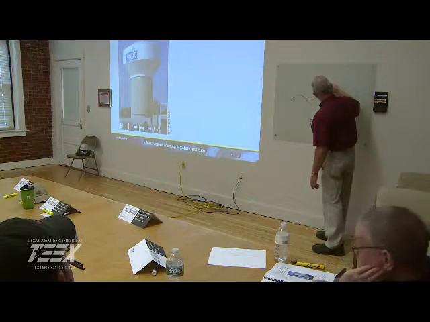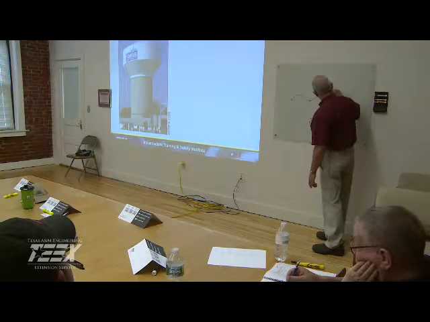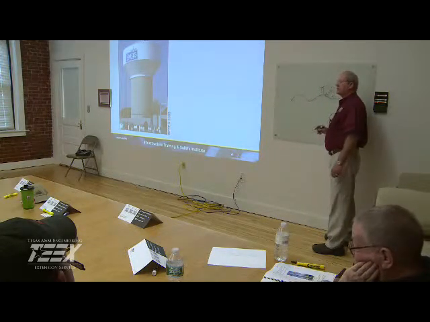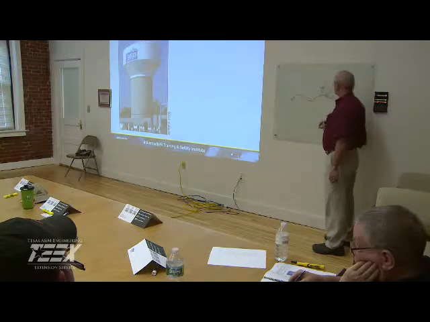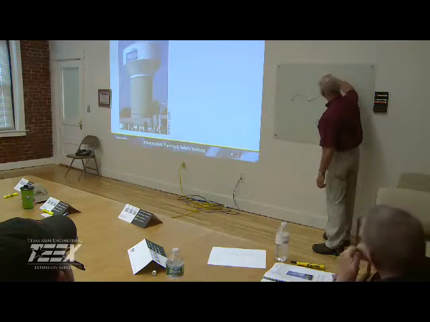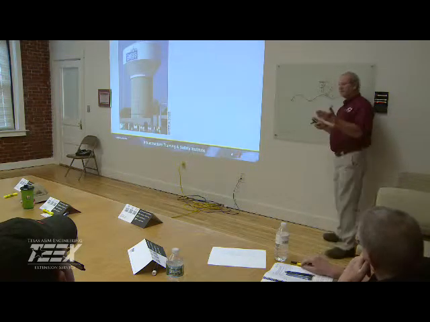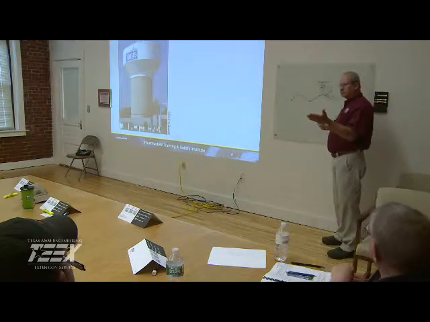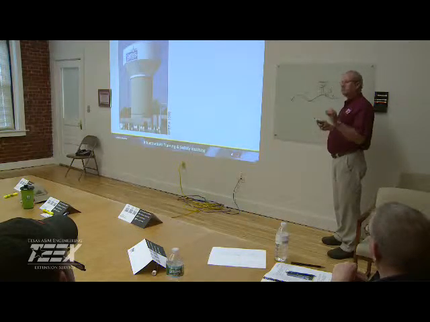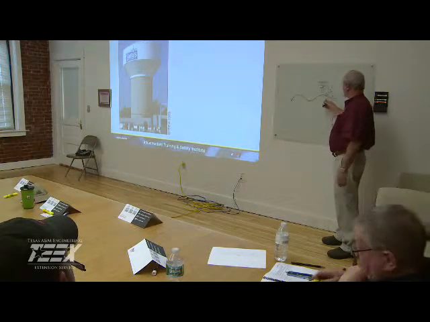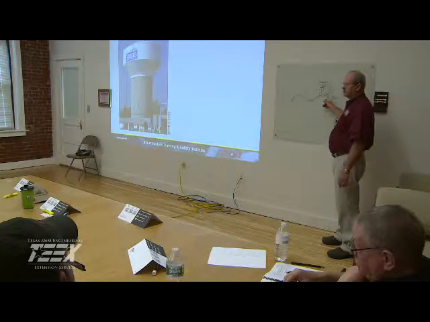Anything that is 80 feet above the highest service connection is considered elevated storage. So this amount of water in here would be considered elevated storage. So anything above 80 feet was what? Considered elevated storage above my highest service connection. Everybody on the same page?